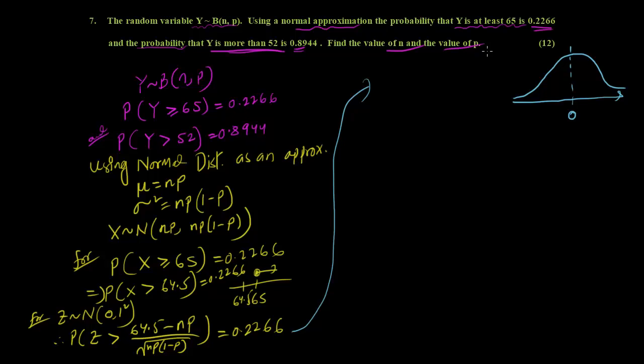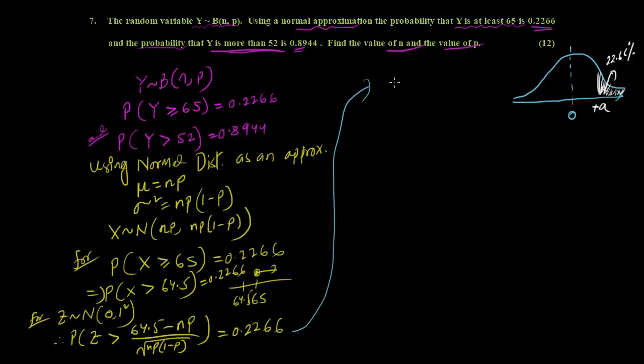So let's start shading from the right hand side. And what we get over here is this, and the probability is 0.2266, that is 22%. So this portion has to be shaded. This portion is around 22.66%. So this is going to be plus a.